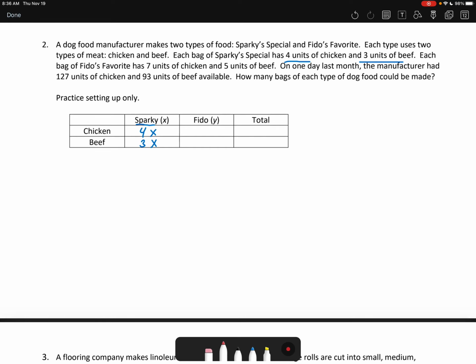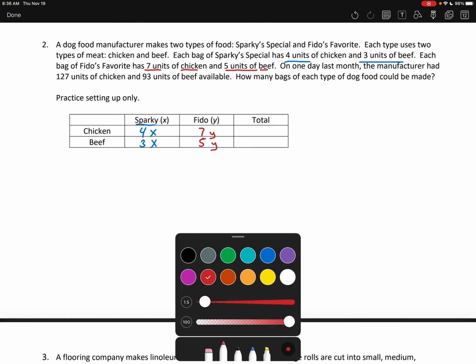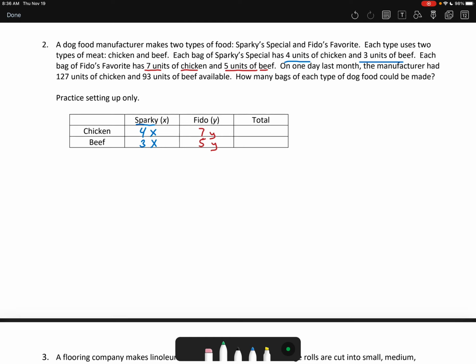And then if I move on to Fido's Favorite, it has 7 units of chicken and 5 units of beef. So I can put a 7 with the chicken and a 5 with the beef and see that those need Y's with them. And then we also have our totals at that point. So the totals are 127 with the chicken and 93 with the beef.